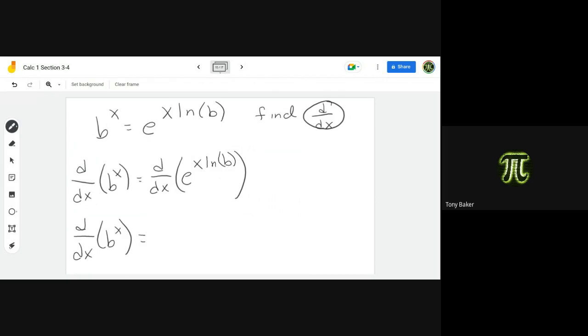So let's look at the chain rule. We're going to take the derivative of that, which is what?